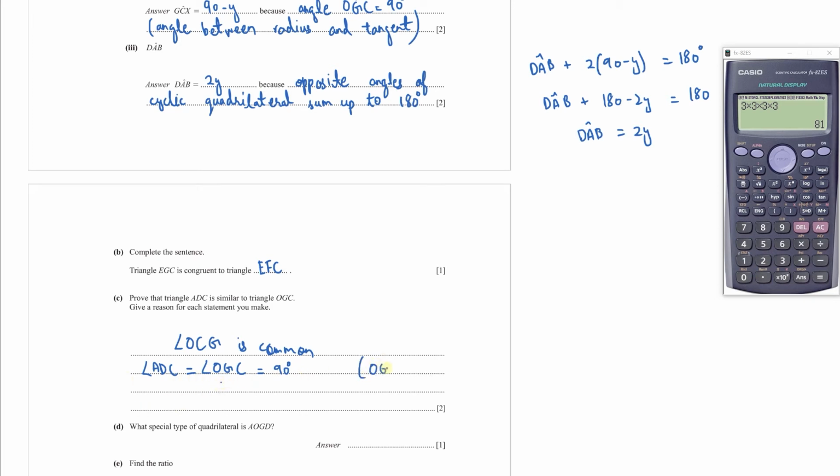OGC is the angle between radius and tangent, and ADC is the angle in a semicircle.